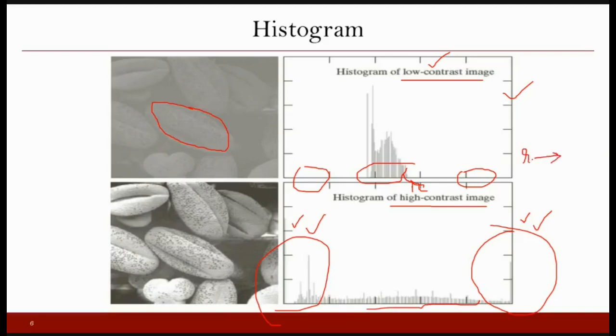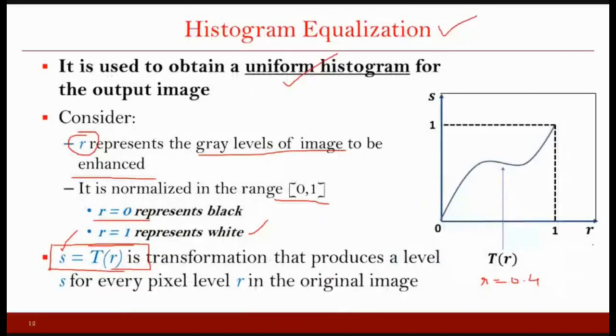Here, your input gray level is R, and this is mapped to a new gray level S. In that example, if your gray level was 0.4, it is mapped to S, and the value is 0.6. In simple terms, all the pixels which had 0.4 as intensity or gray level now become pixels with the new intensity. If you had 100 pixels with 0.4 intensity, all of them will now be assigned the new intensity 0.6.